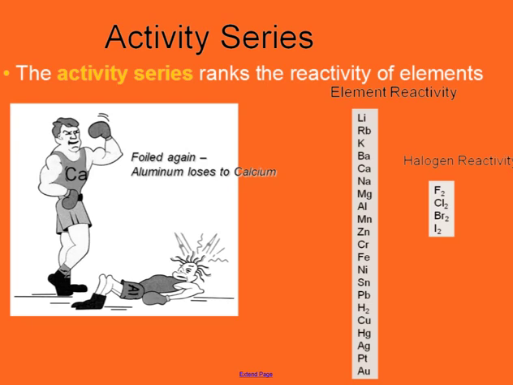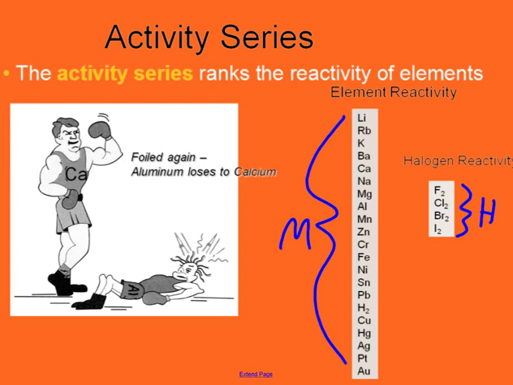It ranks how active each of these elements are. Now, if you're worried about having to memorize this, don't, because it will always be given to you on a test. Now, you'll also notice there are actually two different series, one based on metals and one based on halogens. Now, the halogen one is easy enough to remember.